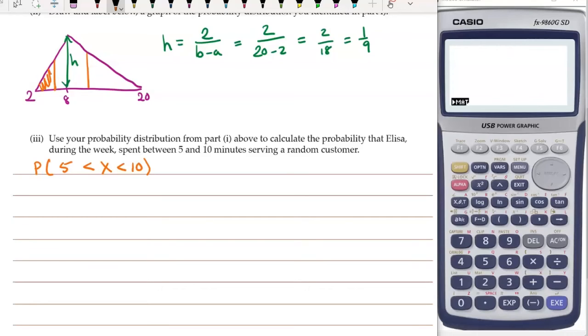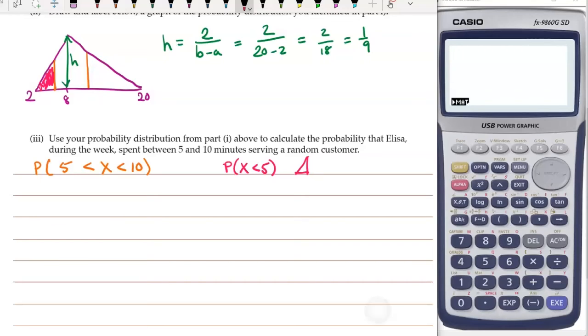So let's color code this. So less than 5 being this triangle here. So the probability that x is less than 5 being that left-hand triangle that I just popped in there.